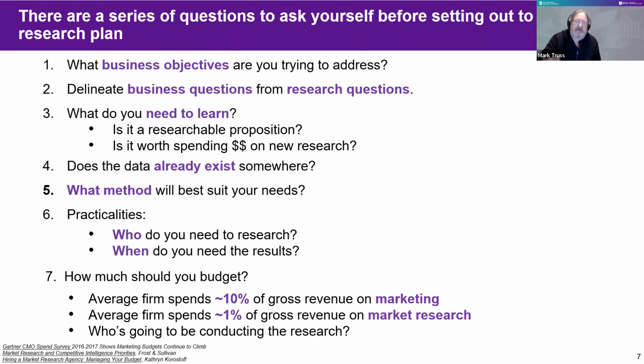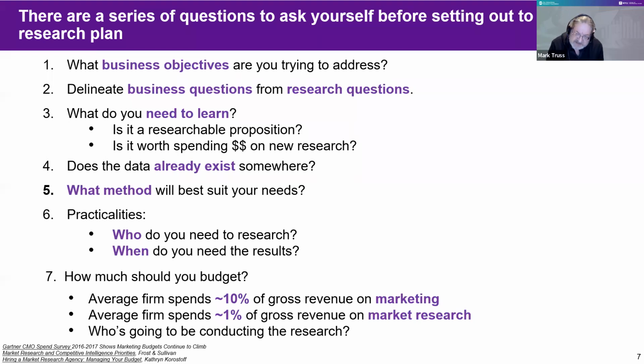We've talked a little bit about this already, but just a little bit more, when you're setting out to develop a research plan, there's some key questions you want to ask yourself. Obviously, what are the business objectives you are trying to address? And some of the elective courses go into this deeper.